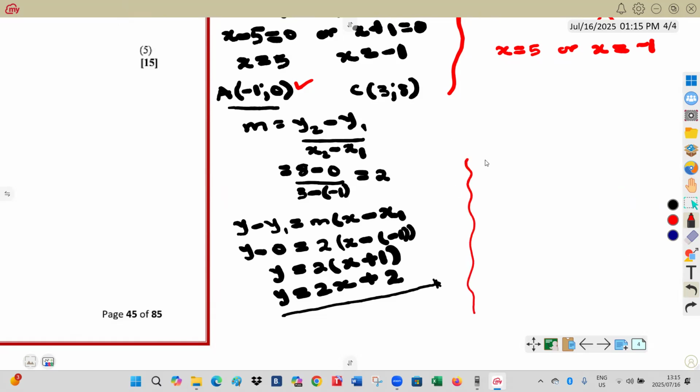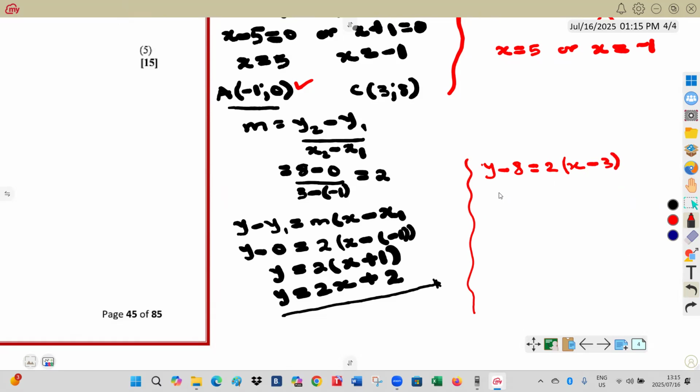It means we're going to have y minus y1, which is 8, equal to m, which is 2, then bracket, x minus x1, which will be 3, so it's going to be -3.